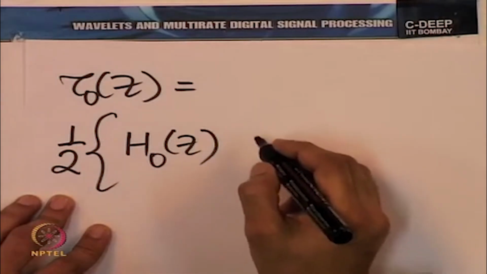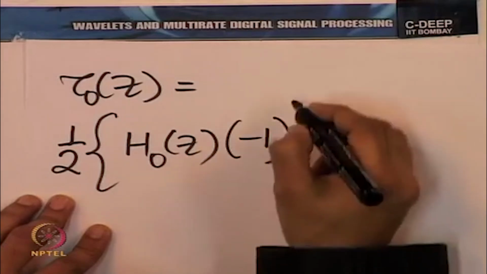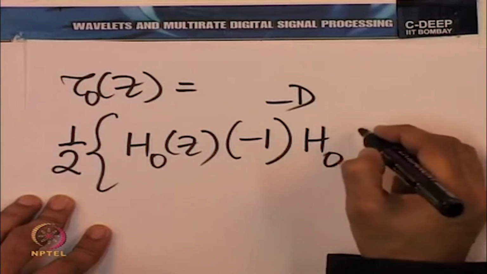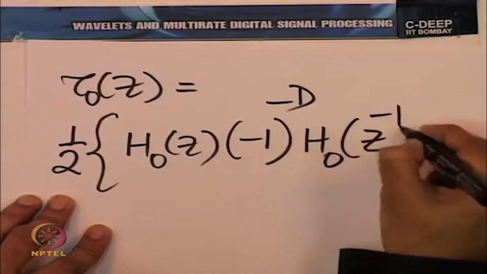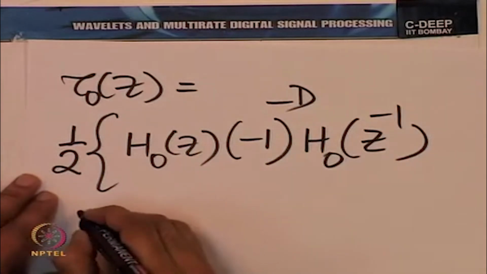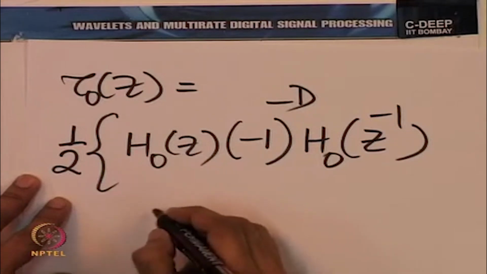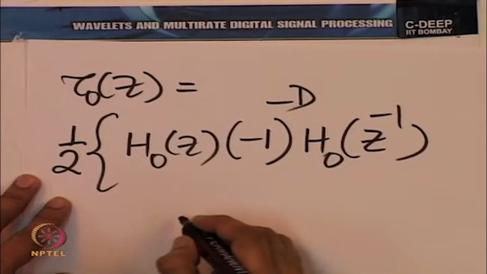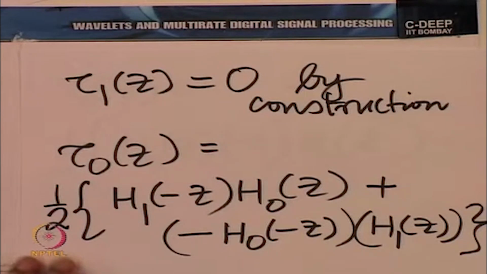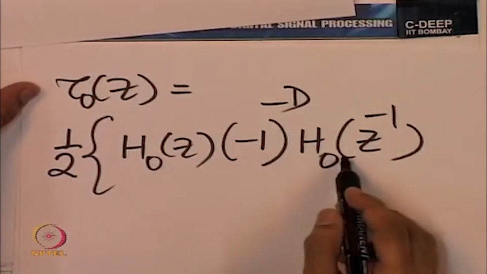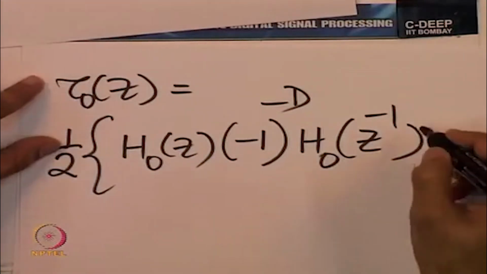So, h 1 of minus z becomes minus 1 raised to the power minus d times h 0 z inverse. Now, again you have g 0, and let me put back the expression for you just for convenience. We want tau 0 z to be this h 1 minus z times h 0 z, for which we have this term h 0 z into h 1 minus z, all right.